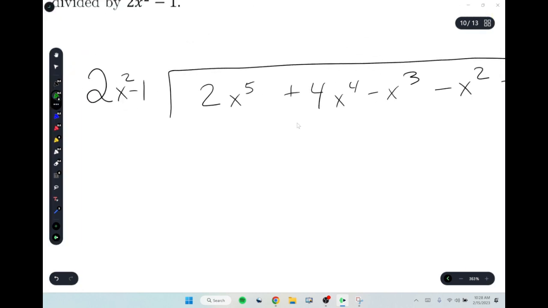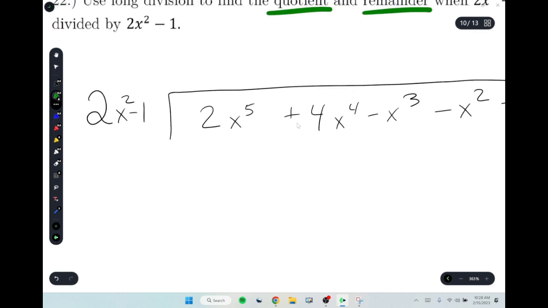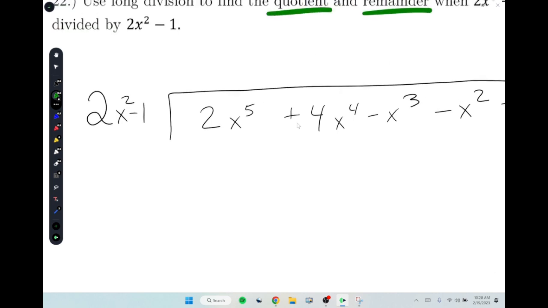You'll hear yourself say, 2x squared goes into 2x to the fifth how many times? That's what we always say. I don't like that. I like saying what times this equals this. Better math. What times 2x squared equals 2x to the fifth?